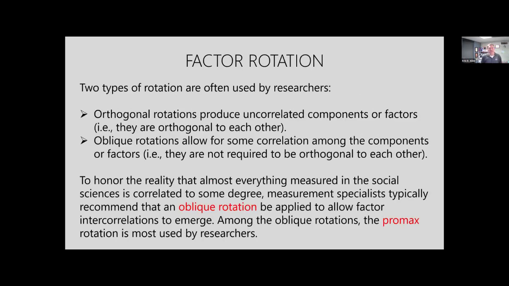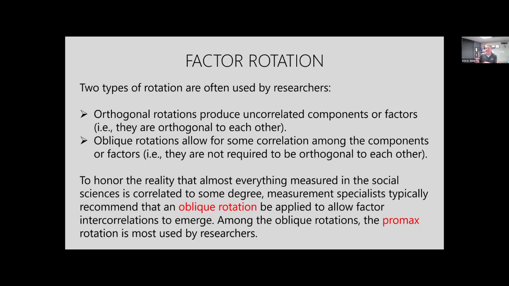Okay. All right, what about factor rotation? I'm going to be pretty quick about this. Our paper does a really nice job of talking about factor rotation and what you might think about. But basically, this is the way that I would teach this simply, is that if you're going to rotate the data, which you probably should, you probably want to use oblique rotation, because oblique rotation is often used in social sciences. And the nice thing about an oblique rotation is it allows for correlation among the different components or the factors, right?